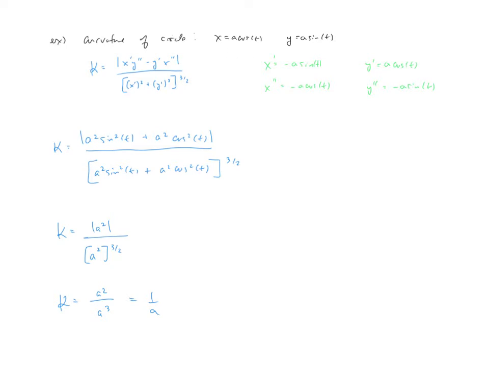So the conclusion that we can draw from this is that the curvature of a circle is always constant at 1 over its radius. And that makes sense that it should be constant. You're not going to get that slope predictor or the curvature predictor idea like we talked about. It's always going to be constant on a circle, and it happens to be 1 over its radius.